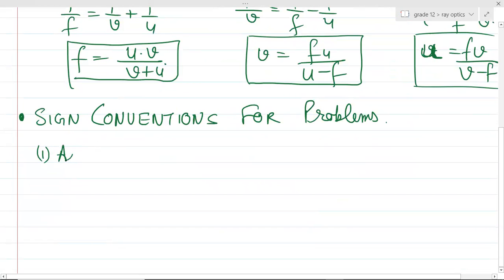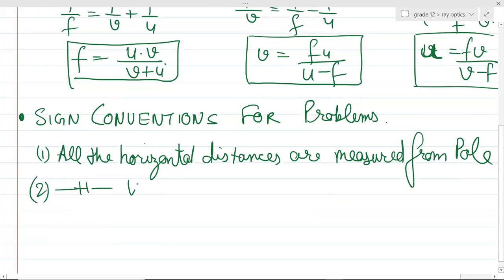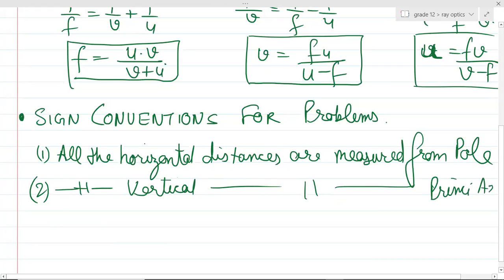First point is, all the horizontal distances are measured from the pole. All the vertical distances are measured from the principal axis. याद है?